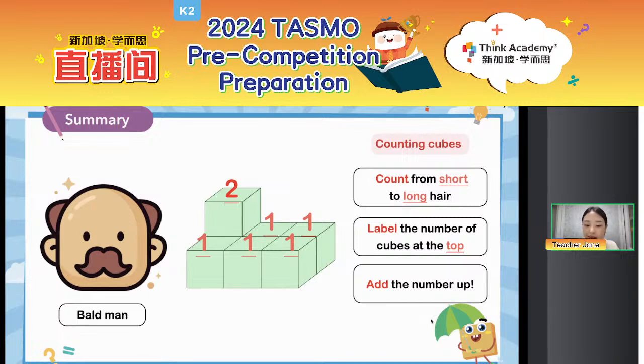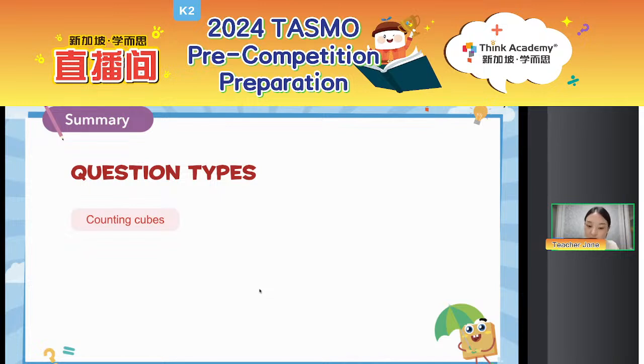And then add the number up. That will be 1 plus 1 plus 1 plus 1 plus 1 plus 2. When you are doing the addition, to make sure you won't mess up, start adding up the numbers starting from the smaller numbers or starting from the bigger number, okay? Do it in order.